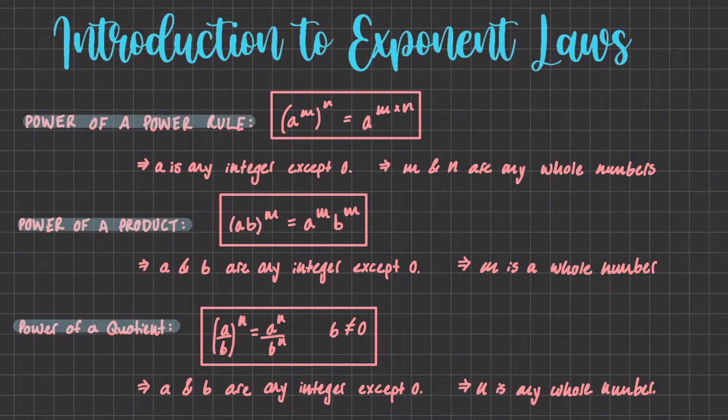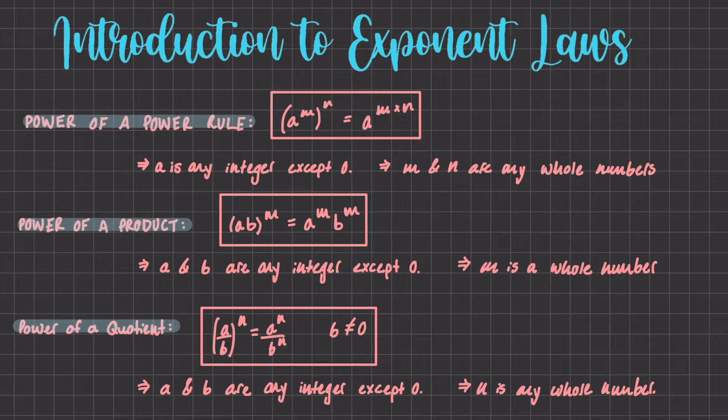For the power of a product rule, you're going to have a base that's comprised of two sections, each multiplied by the other. That's how I like to think of it. So here we have two variables. A is multiplied by b, and this creates the base in this equation. This is then raised to an exponent that we're just calling m. What we can do here is separate these two parts of the base, and we can multiply.